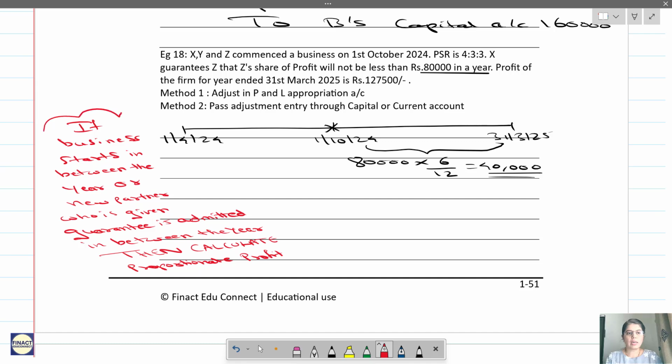Okay, so calculate this, this is very important.